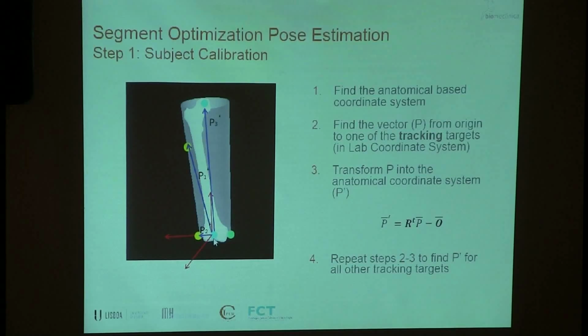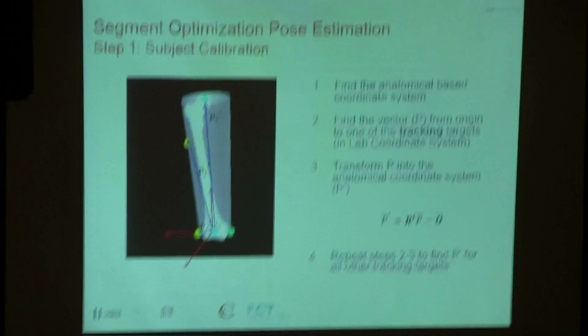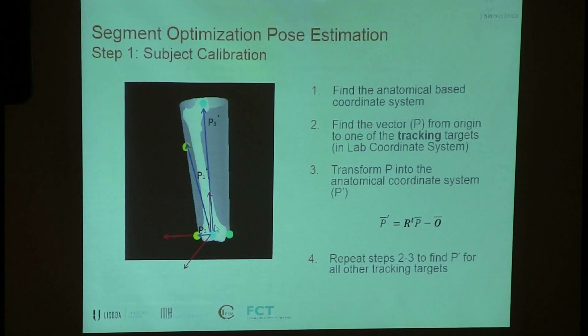Each segment is defined with its own local reference frame, and this reference frame then has to be related to the reference frame of the segment that is connected to it by a joint.